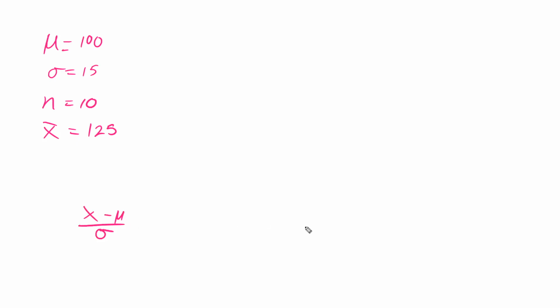So this is what you're going to input in your calculator. Given that same question, mu was 100, sigma was 15, we had a sample size of 10, and we want to know the probability that they scored an average of 125. Now, I don't know if you picked up, but the symbol changed a little bit here. Remember we had x minus mu over sigma, versus x bar minus mu over sigma divided by square root of n.